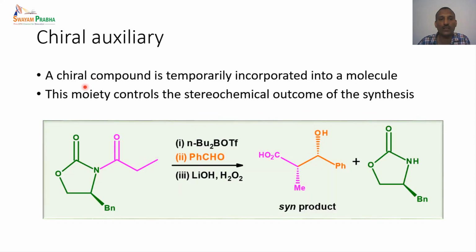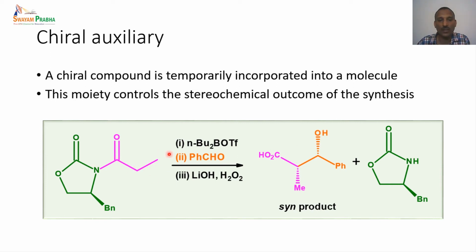So in this chiral auxiliary method, here we have a starting material. This is 1, 2, 3. This is a propanone derivative. So this compound is actually converted to the chiral product by this particular reaction.